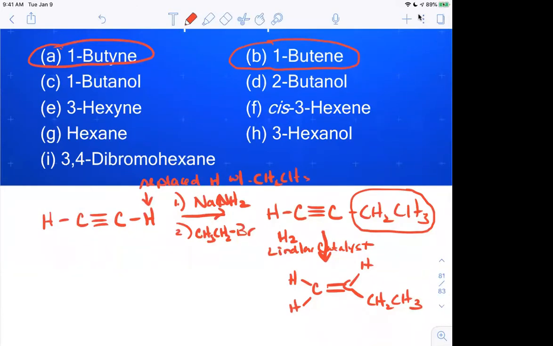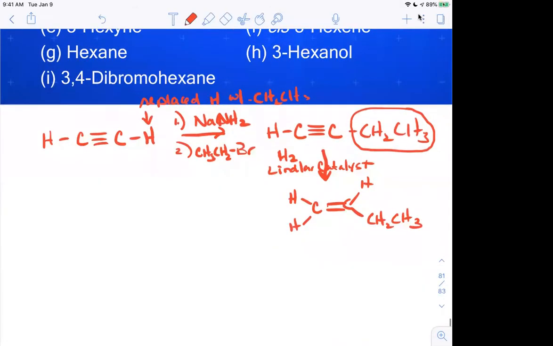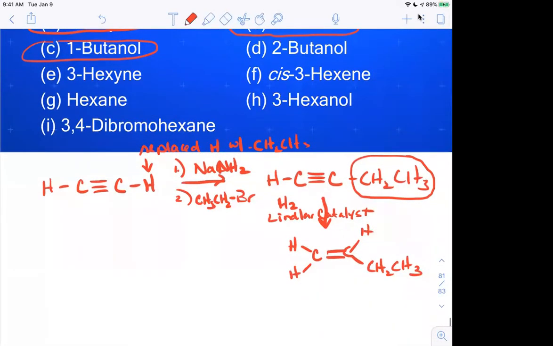I'll do one more. Actually, I'll do two more. What if I want to make 1-butanol? 1-butanol is this, HO, CH2, CH2, CH2, CH3, right? So this is a primary alcohol.